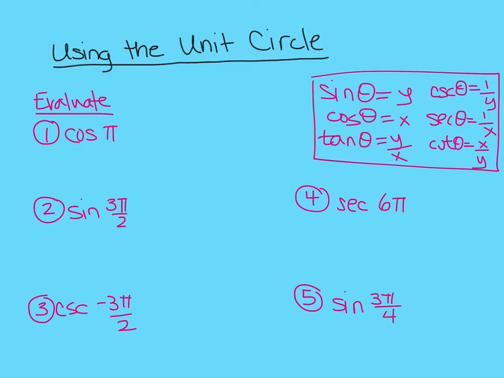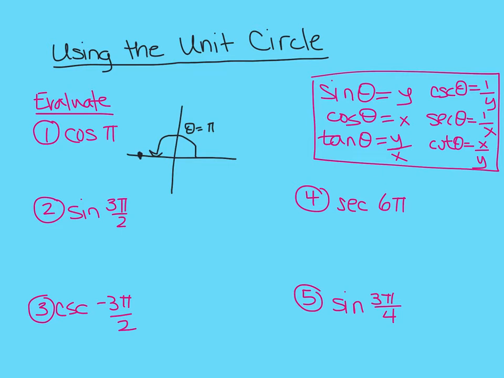When we have a problem like this, without even looking at a unit circle in front of you, I want you to be able to draw it out. If I have cosine of pi or cosine of 180, that angle would look like this. Remember what that point is on your unit circle.